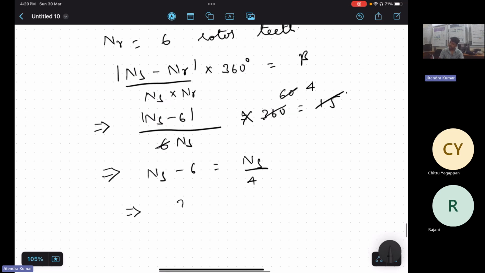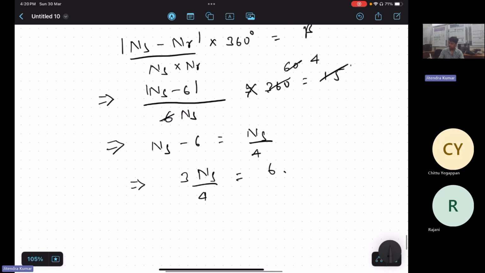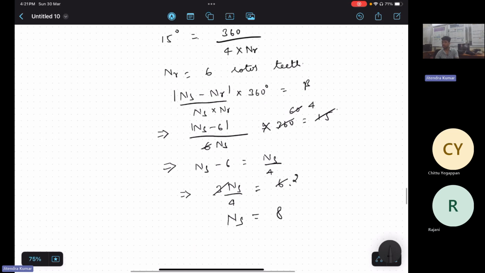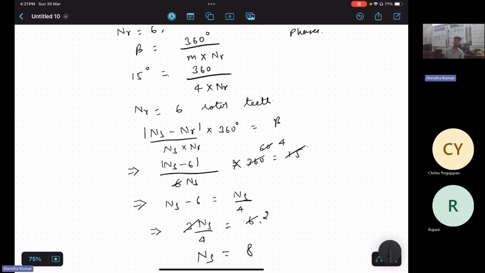So 3 NS by 4 is equal to 6. So NS is equal to 8. Okay, got it? Yeah.